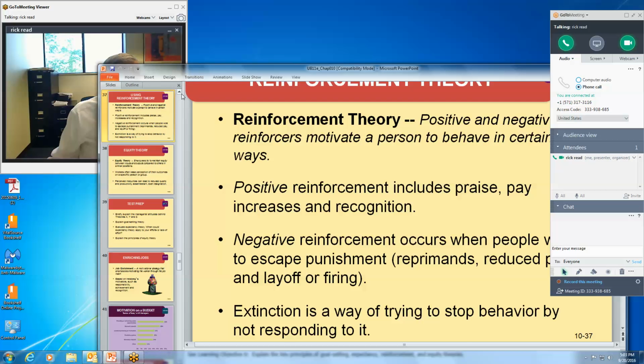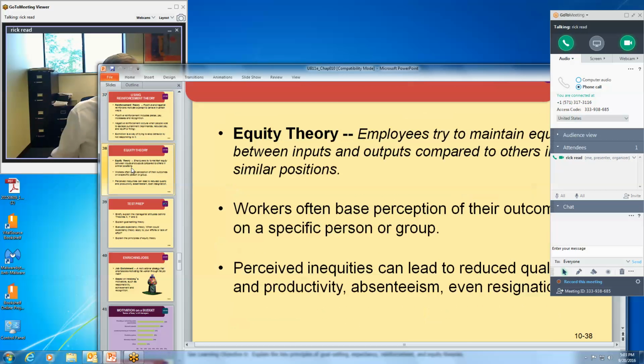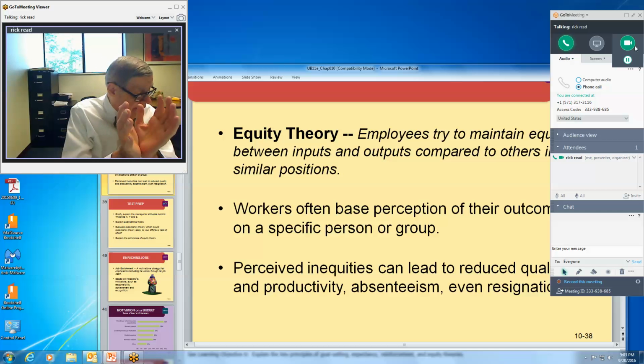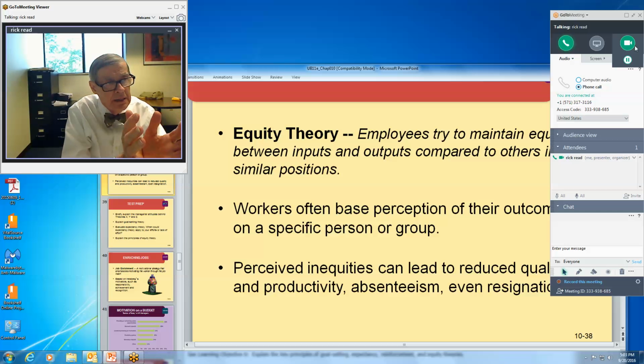Equity theory is one of the last ones we want to use before we get to job enrichment. That is where an employee actually has what is known as a comparative other. And equity talks about fairness.